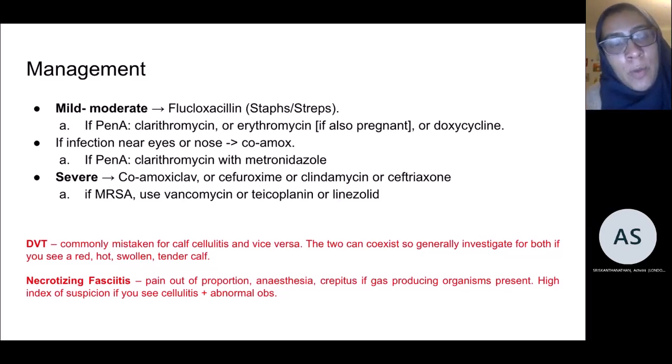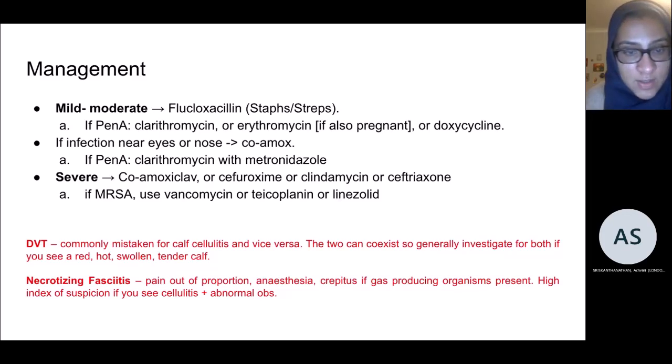If it's more severe, you might want to go in with IV medications, in particular IV co-amoxiclav. And if you're thinking it could be MRSA, you use vancomycin, teicoplanin or linezolid, which cover MRSA bacteria. The key thing with cellulitis is that, because of the way it presents, for example a red, painful ankle or red, painful shin, it can also be confused with DVT.